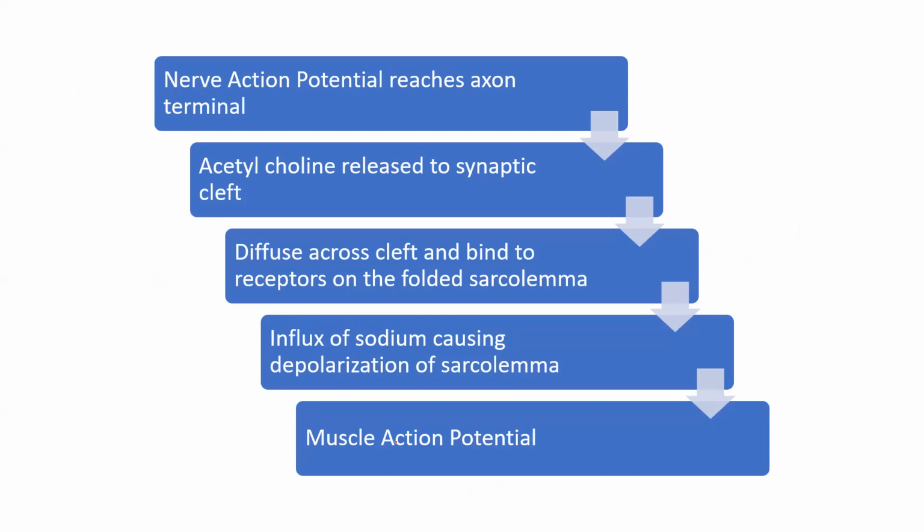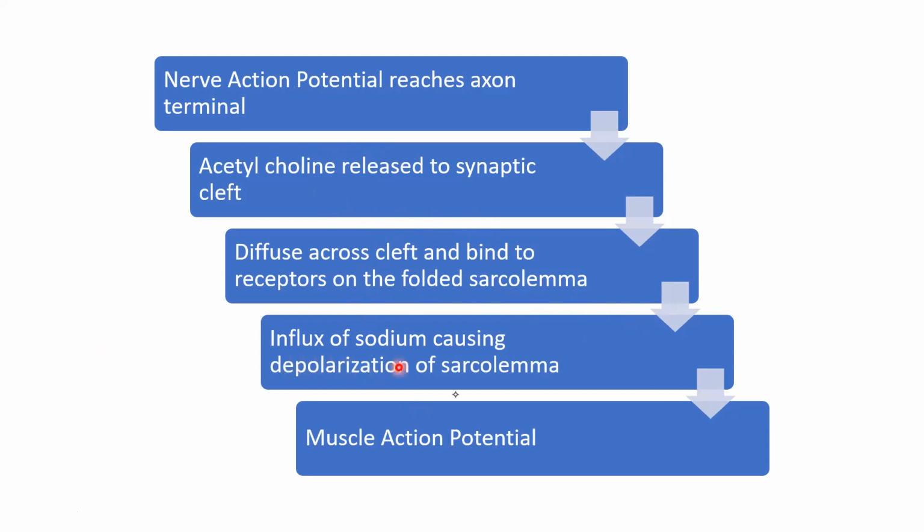So the nerve action potential, when it reaches the axon terminal, acetylcholine is released from the synaptic vesicles, and it crosses the synaptic cleft and binds to receptors on the folded sarcolemma.